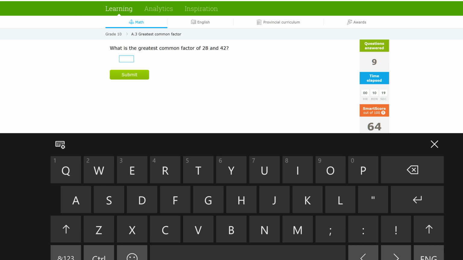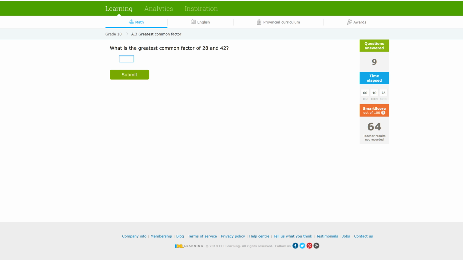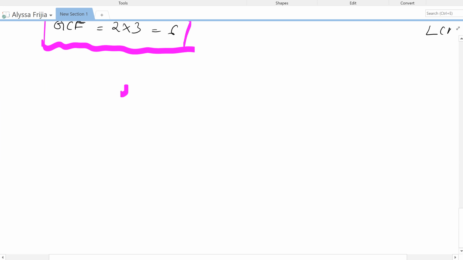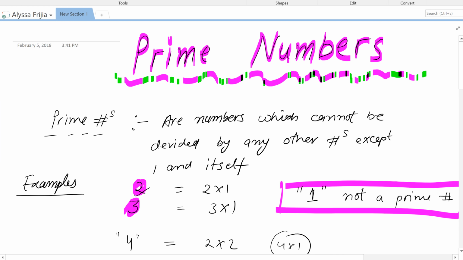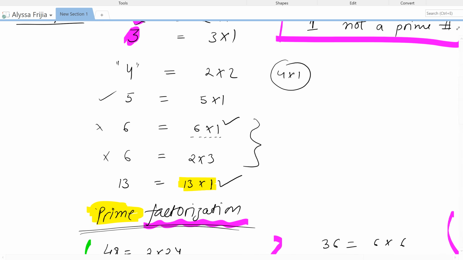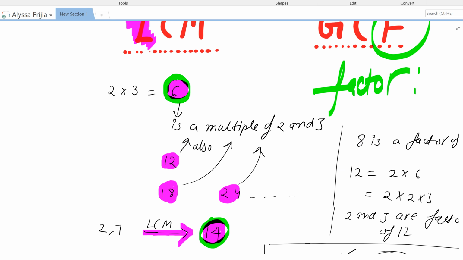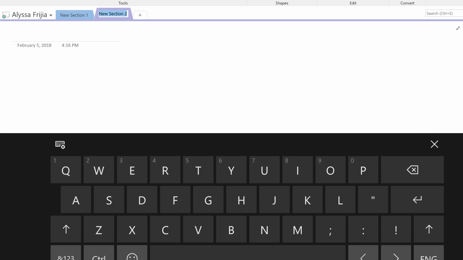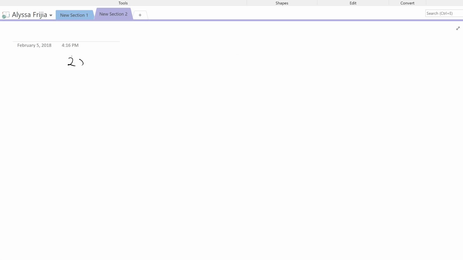28 and 42. Let's assume you don't know how to solve it. So, greatest common factor.